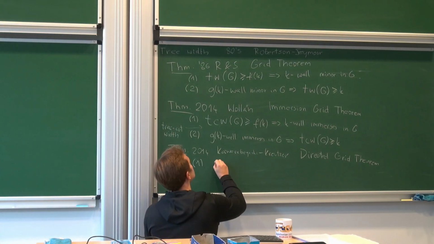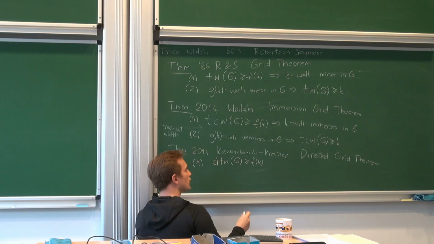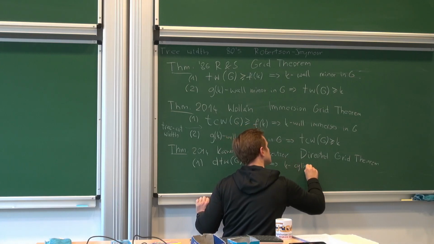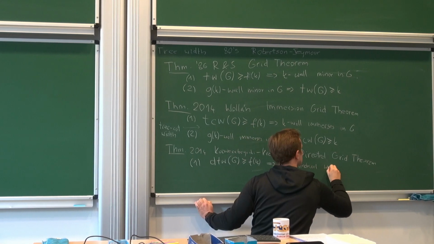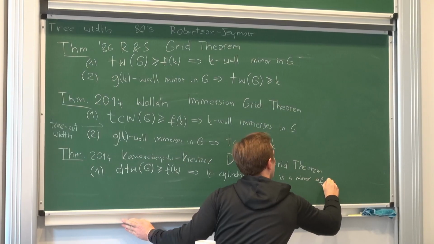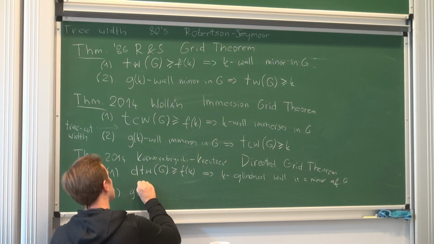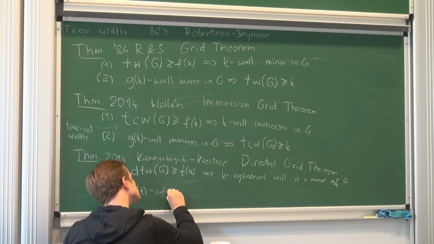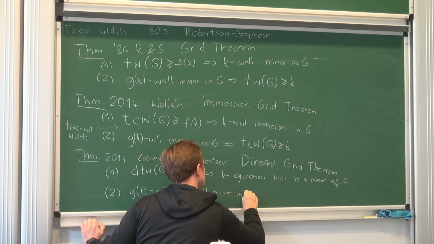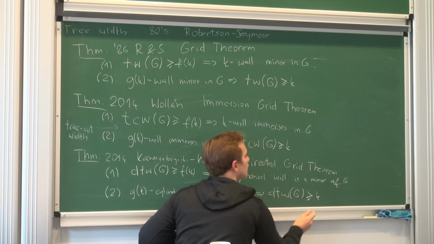Either the directed tree width of our graph is large enough, at least some function of k, then a k cylindrical wall appears as a minor of our digraph G. And the second part is that if I have a k cylindrical wall, then the directed tree width of that digraph is also at least k.